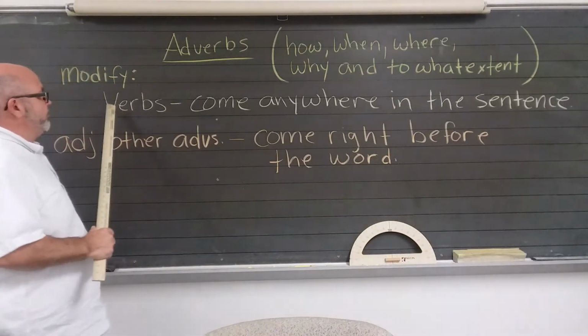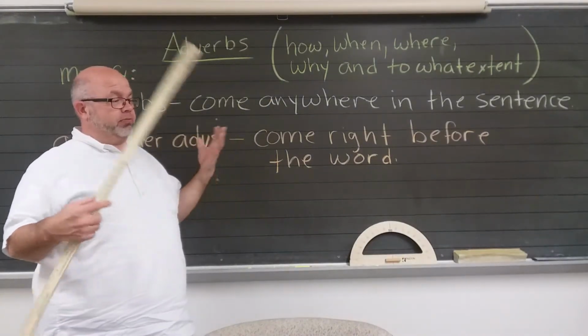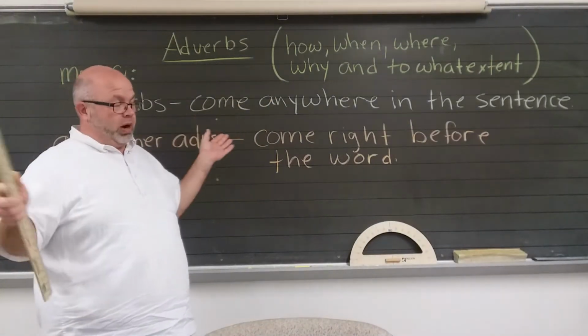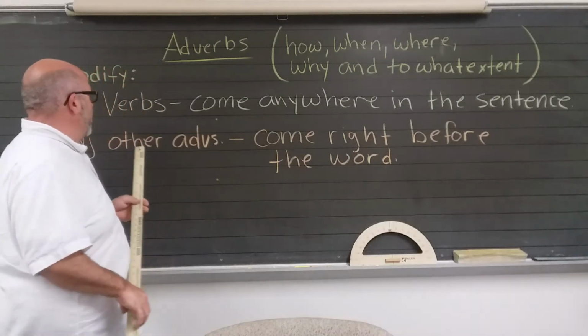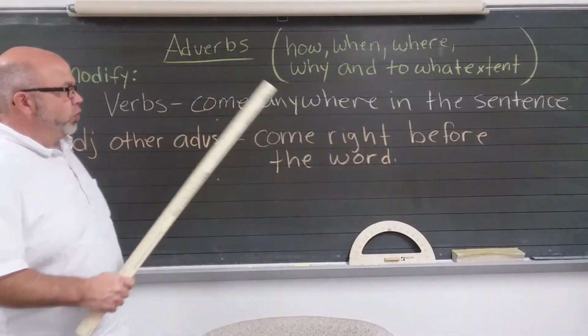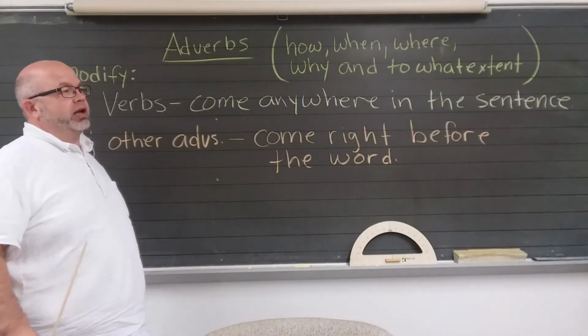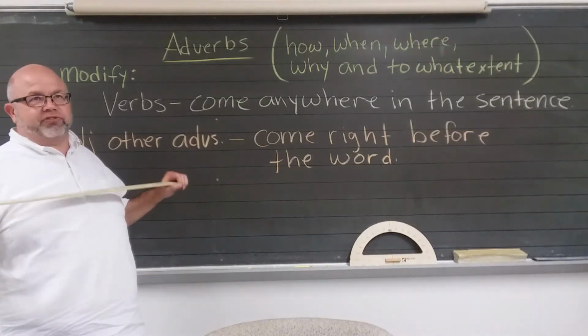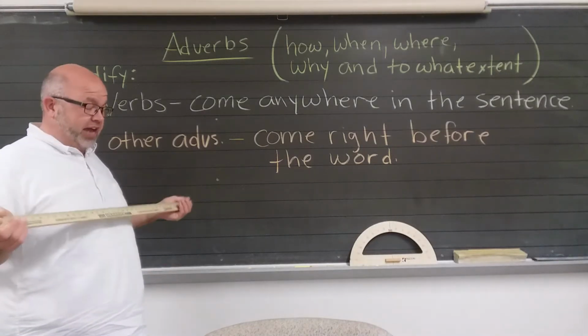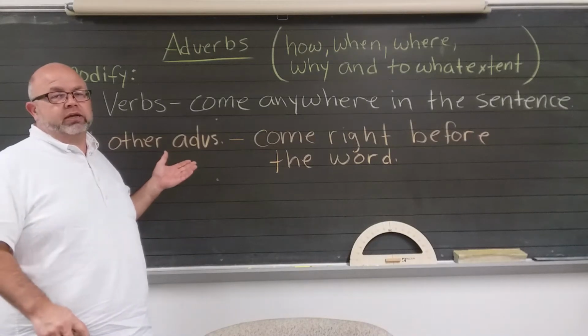When they modify verbs, they can come anywhere in the sentence. They can come before the verb, they can come right after, they can come later, wherever, before or after the verb. When they modify adjectives and other adverbs, they come right before the word that they modify. All right? Common adverbs that modify adjectives and other adverbs: too, very.